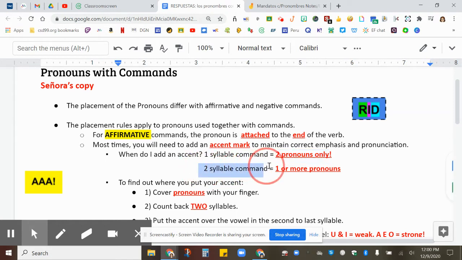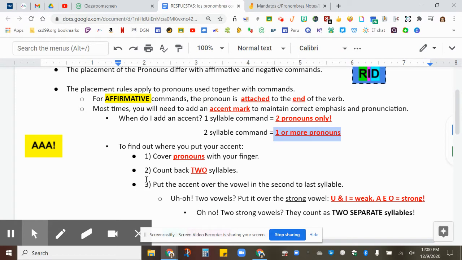In a command of 2 or more syllables, you're going to add an accent mark whenever you add 1 or more pronouns. Okay?